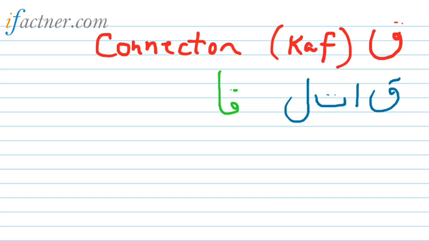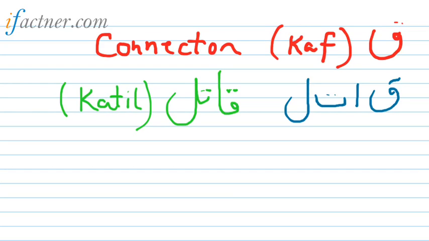Now see that it is just written like fe, te, lam, katil. Katil is pronounced as katil, and it means murderer.